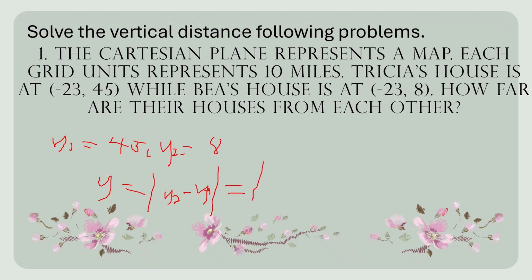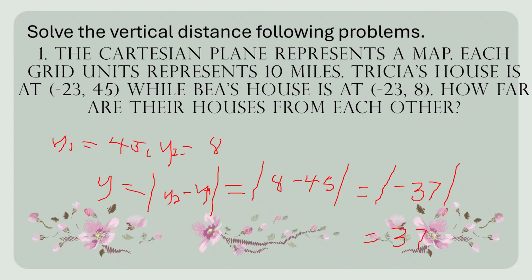That is 8 minus 45. The answer is negative 37. So the absolute value of negative 37 is 37.